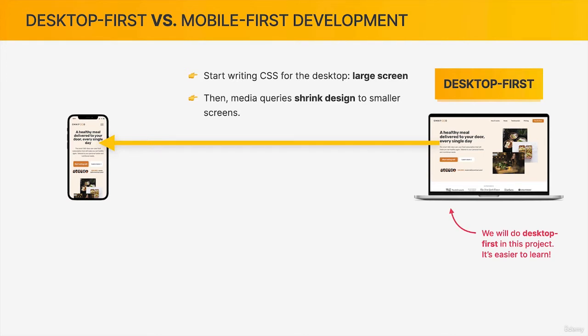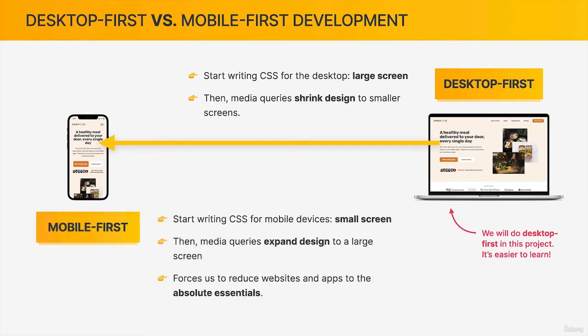Now, on the other hand, in mobile-first, we start writing CSS code for smaller screens in order to basically optimize our layout and our website for mobile small screens. Then, from there, we can move up to larger screens, of course, and again using media queries. So basically, it is the complete opposite of desktop first, right?